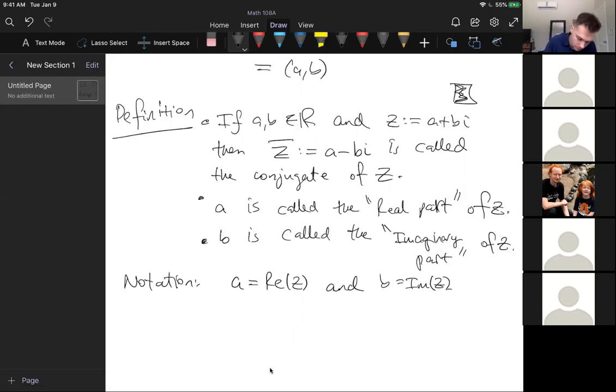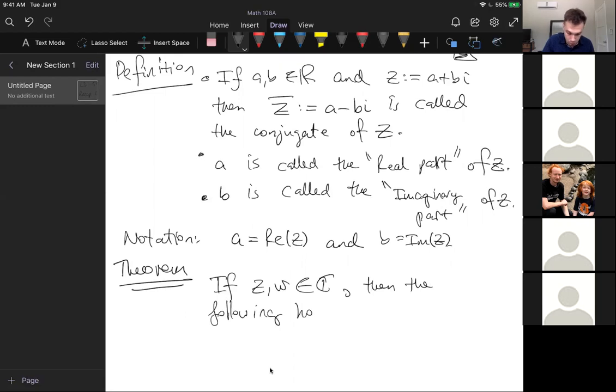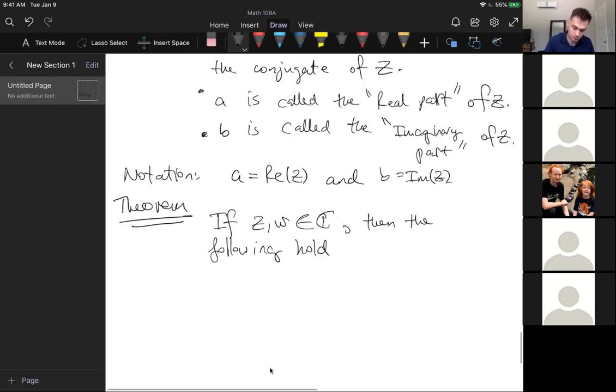Okay, so we have a theorem. If I take two complex numbers, then the following hold. z plus w, sorry, z plus w, if I take the conjugate, it's the sum of the conjugates.